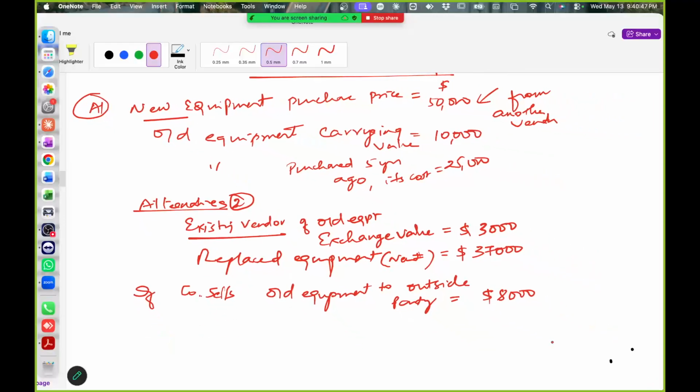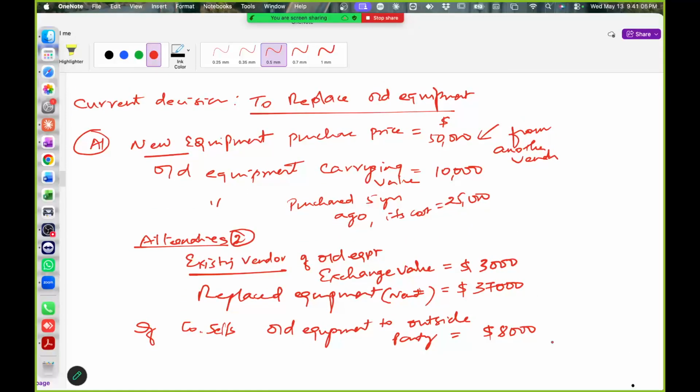So, like this, a lot of information. Which one should I consider? First of all, I'll put it into two buckets. Everyone is talking about the correct decision and asking for my inputs, my recommendation, because as a finance manager, we have to give a recommendation, then they will take it up to the big boss. The first meeting is with you.